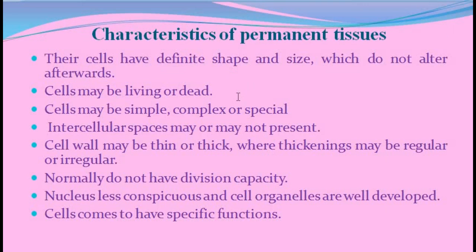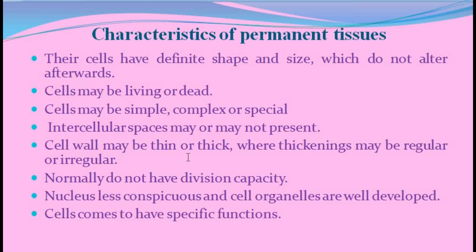So let me tell you the characteristics of permanent tissues. Permanent tissue cells have definite shape and size which do not alter afterwards. They may be living or dead. Cells may be simple, complex or special type. There may be intercellular space present or absent.